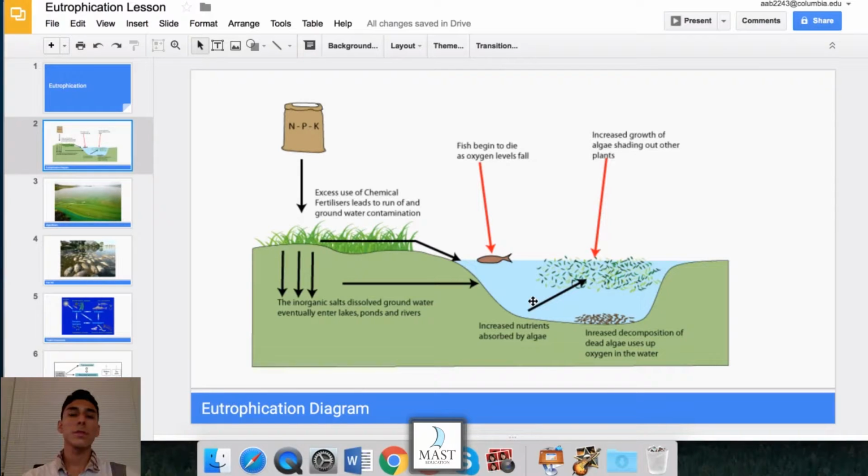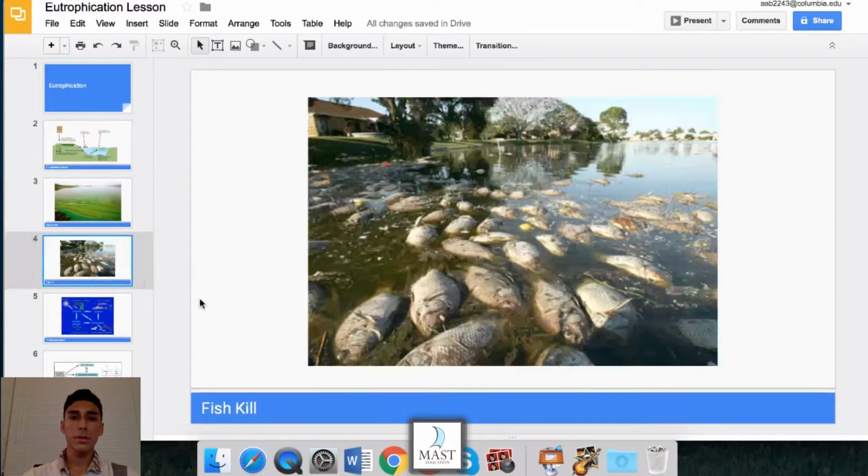So these organisms then begin to die off as well, leading to fish kills such as this one, where you have mass die-offs of lake life. So as you can imagine, it's very important in conservation to be very careful in not letting nutrients accidentally run off into bodies of water to cause this very harmful process.